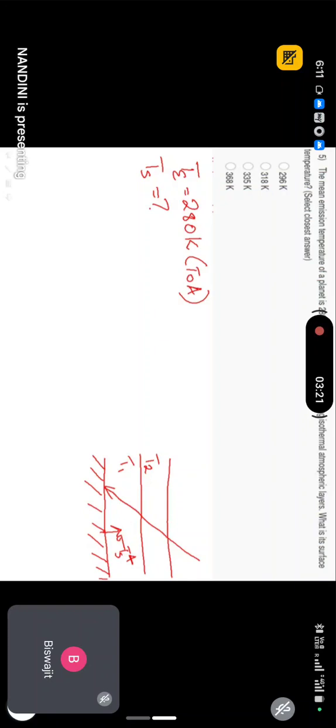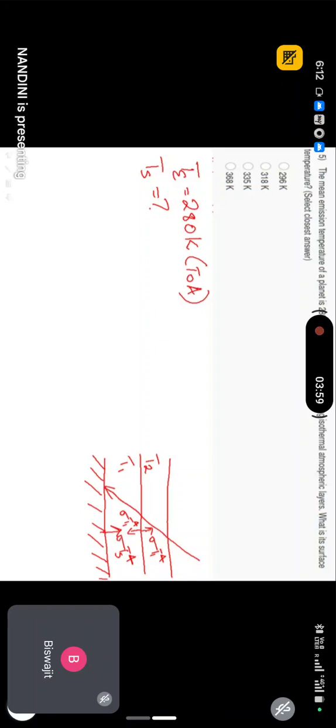So sigma Ts raised to 4 is the radiation that is being emitted from the surface. As it is said in the question, both the atmospheric layers are perfectly absorbing, which means the first layer will take up all this sigma Ts raised to 4 radiation and re-emit radiation in both directions, given by sigma T1 raised to 4, where T1 is the temperature of this particular layer. This is the emission from the first layer. Now, sigma T1 raised to 4 is the radiation going to the second layer.